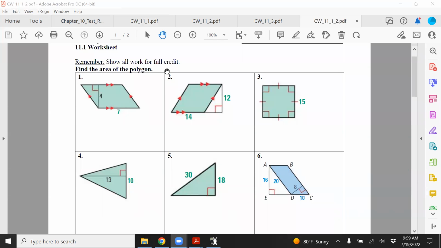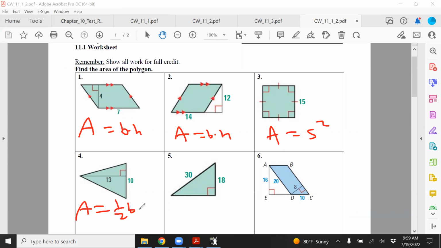I'll put some hints up right now. Remember, area equals base times height. Area equals s squared. Area equals 1/2 times base times height. Same thing, 1/2 base times height, but you have to solve for the base. It's not given to you.